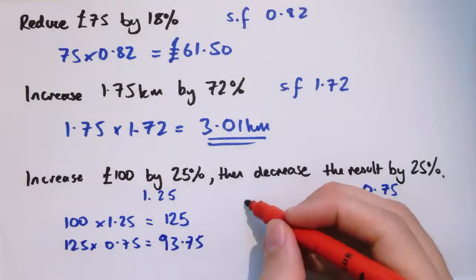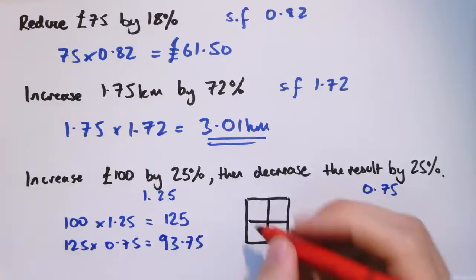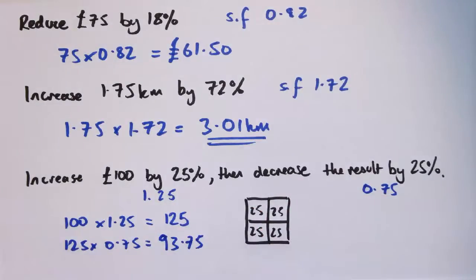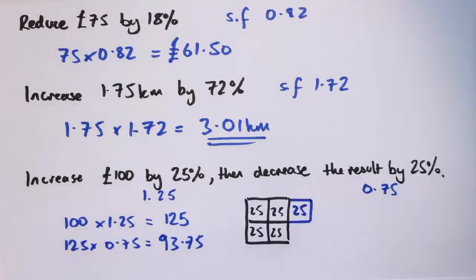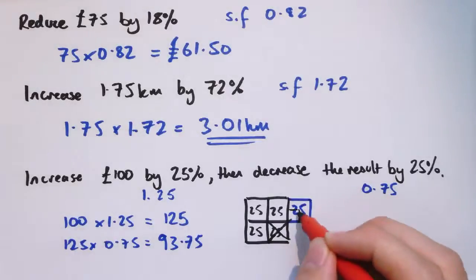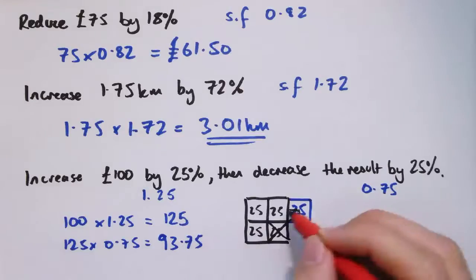And if you like, you could think about that as if we took that original £100 and split it into 4 equal pieces of 25. When I increase that by 25%, I get an extra 25, and then if I decrease the result by 25%, if I'm taking a quarter of what's here away, well, I've got these 4 black squares here, so I could just take one of them away, but I'm also taking away a quarter of this 25 square, which accounts for that extra 6 1/4 that's gone missing.